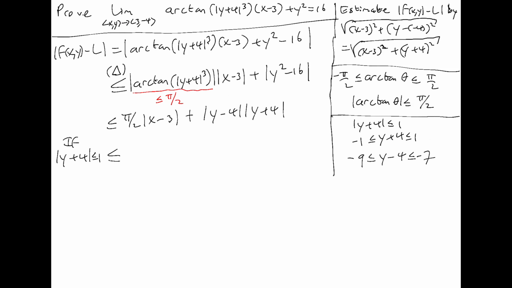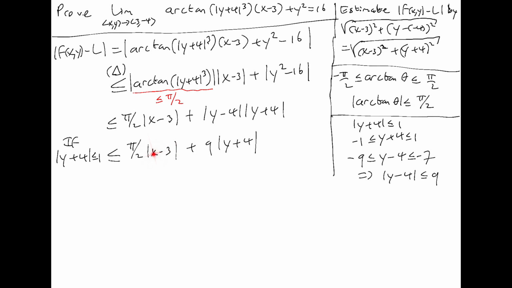And now we're in business, because from this inequality we see that the absolute value of y minus 4 is less or equal than 9. So let's write that down. So the absolute value of y minus 4 is less or equal than 9. So if we have this estimate, then we indeed can estimate this term by 9. So let's write that down. And as before, I'm going to explain later how to deal with that condition. Okay, what's left?